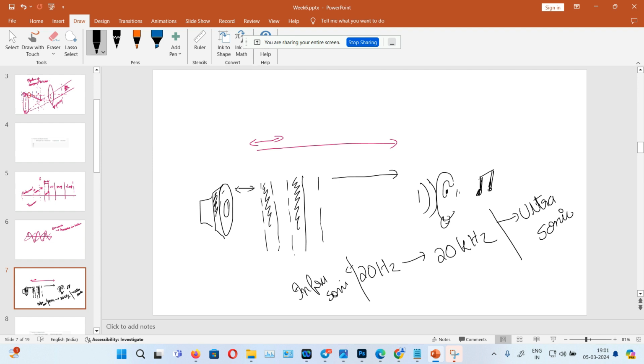So this is a well accepted ultrasonic imaging technique, used to see the child inside the uterus.